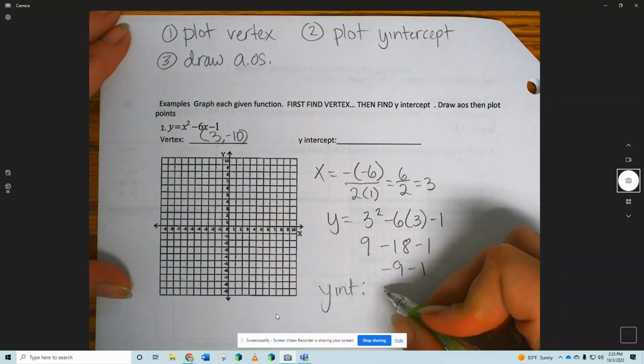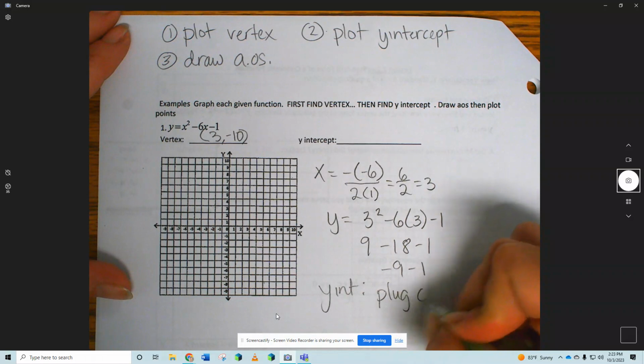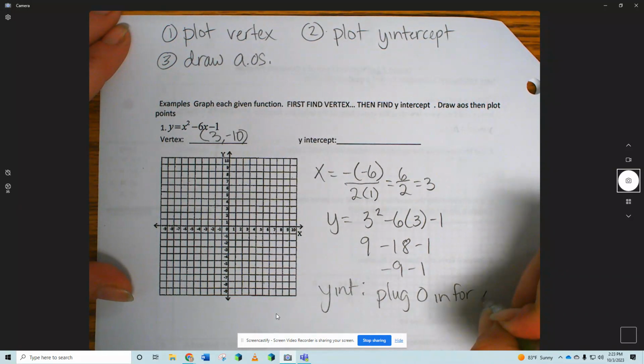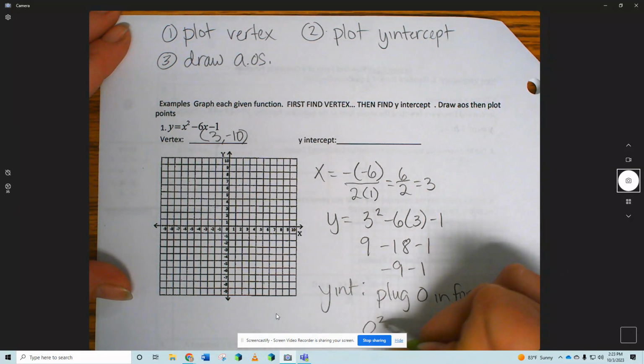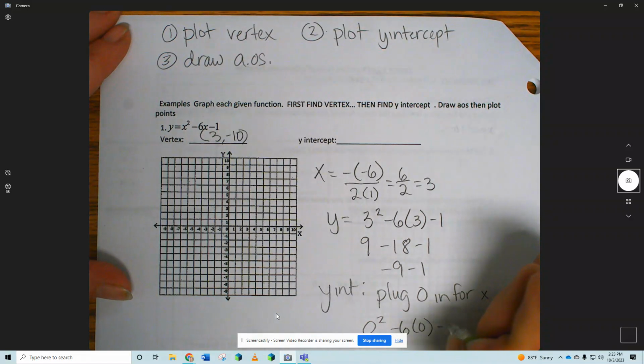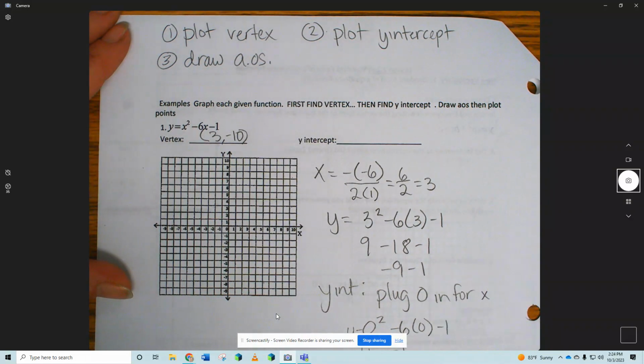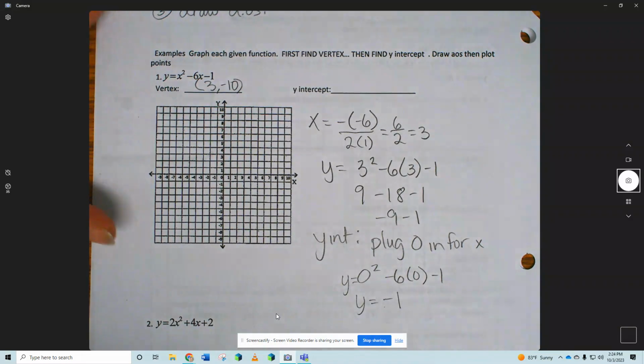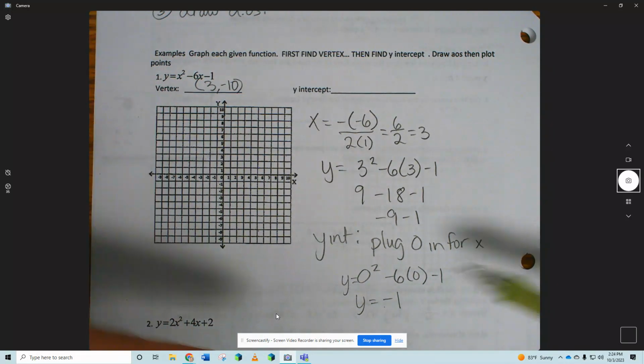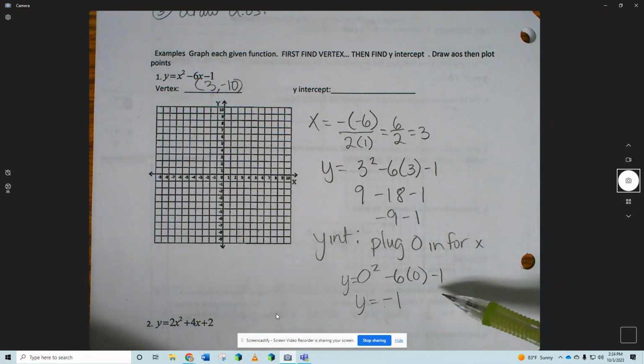What's my y-intercept? It's C, but maybe you want to plug 0 in for x. 0 squared minus 6 times 0 minus 1. So you just look at C, and C is negative 1. When I plugged in 0, I also got negative 1. So I want you to know you can do both methods.